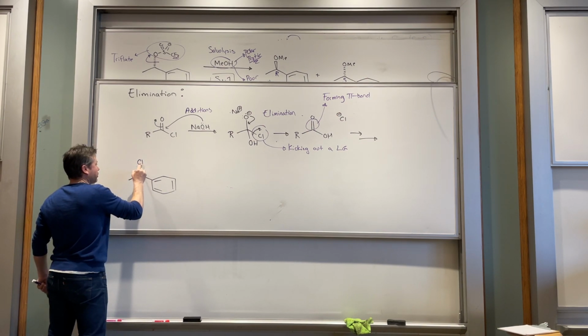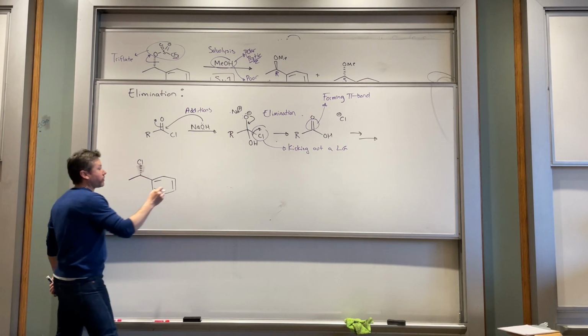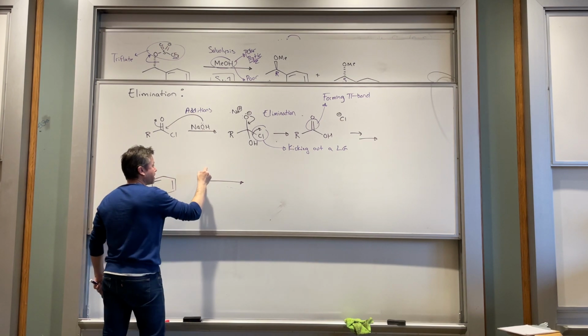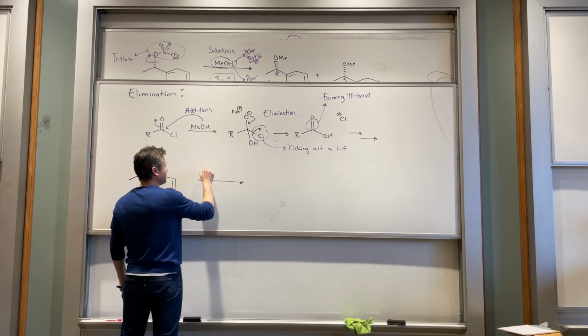Okay, so if we take our benzoyl chloride that we started with at the beginning of the lecture, and change up the conditions of this reaction, so rather than treating it with cyanide, we're going to treat it with potassium tert-butoxide.